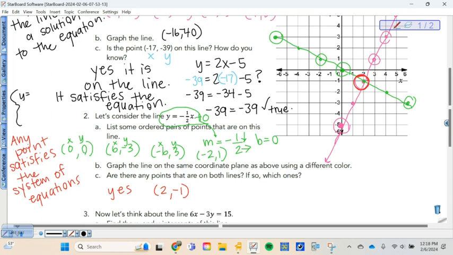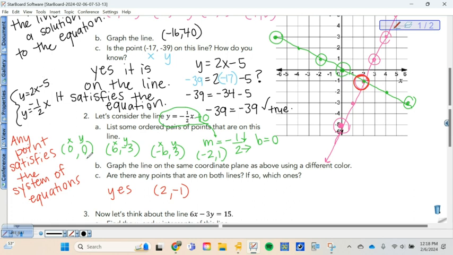So I have y equals 2x minus 5 and y equals negative 1/2 x. Since this point is on both lines, I know that it would work in both of these equations, not one or the other, but both of them, right?